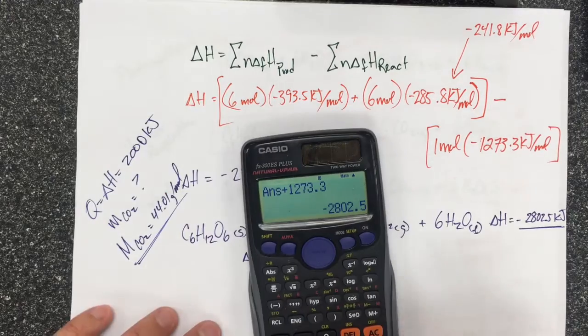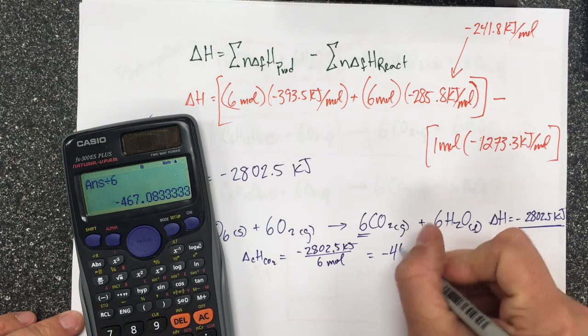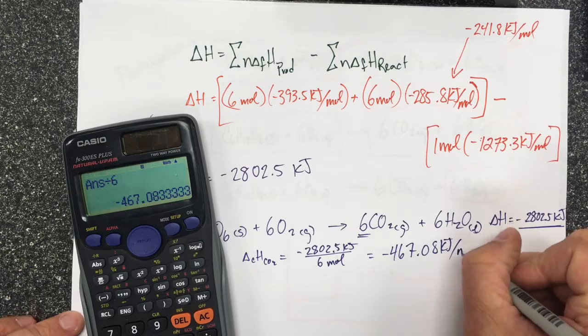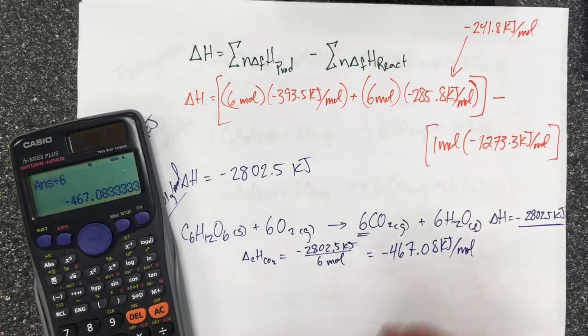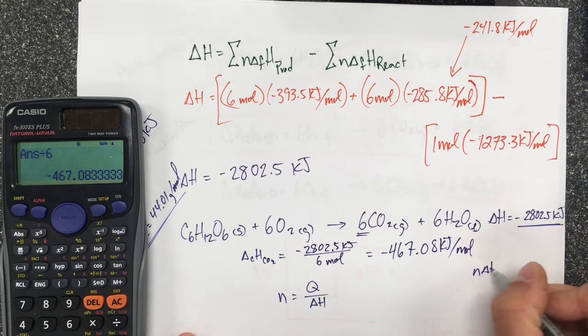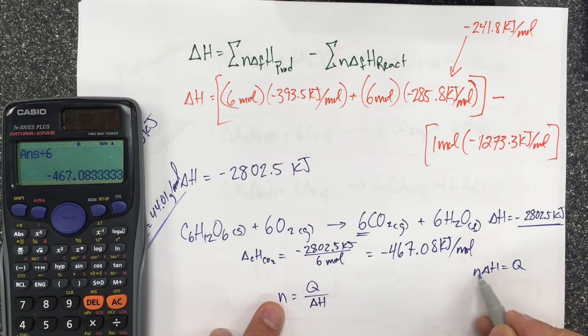So if I take my 2,802.5 and divide it by 6, I get negative 467.08 kilojoule per mole of carbon dioxide. Well, if my Q value divided by my molar enthalpy was applied, that would be my n, right? Because n times molar enthalpy equals the energy transferred. So I've just rearranged this to find n.